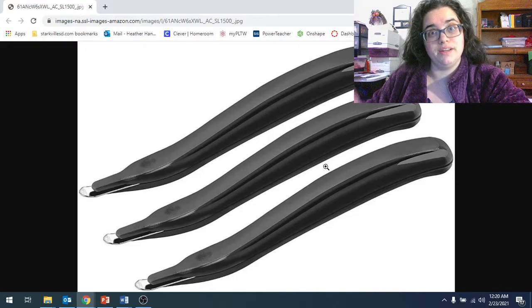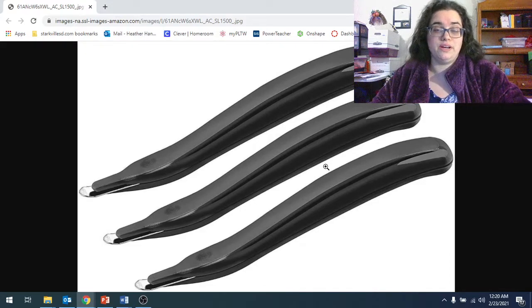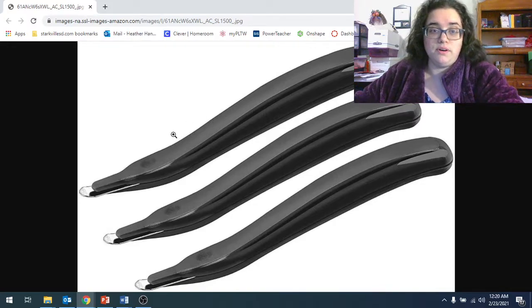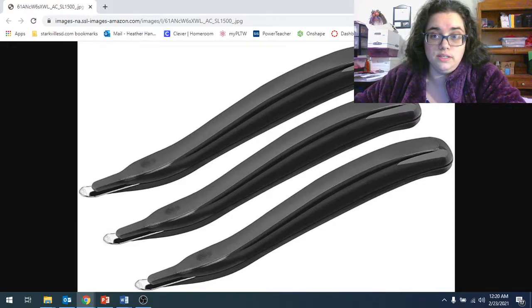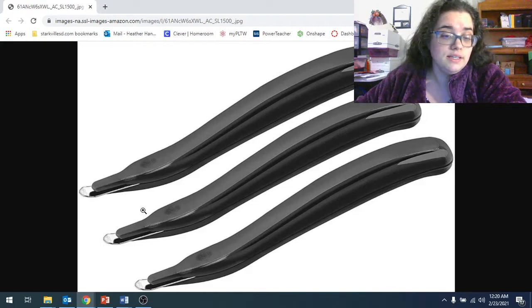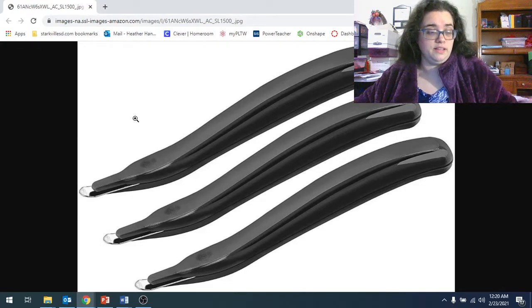If I had one in person, I could flip it over and see if there are any rivets or anything holding it together. So you count up the parts of this one. 1, 2, 3. I'm assuming there are 2 rivets. You can't see them, so pretend there are 2 rivets. That's 5 parts.